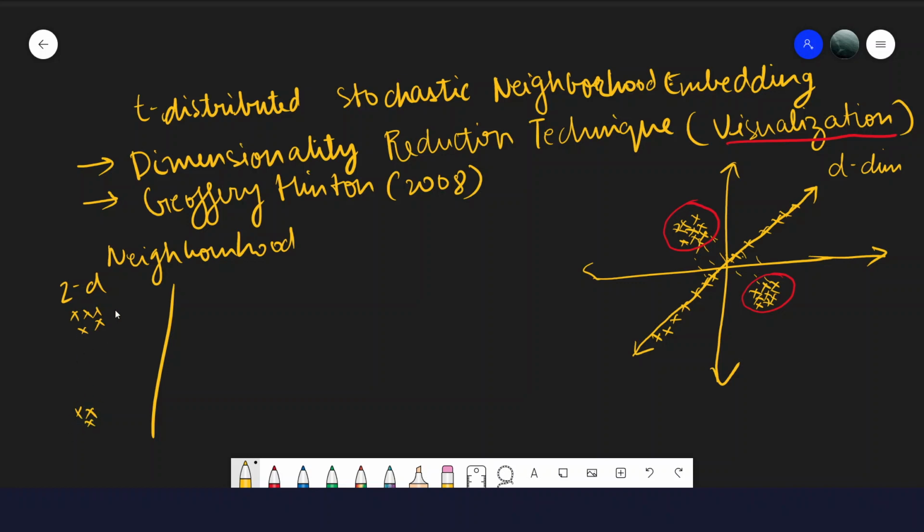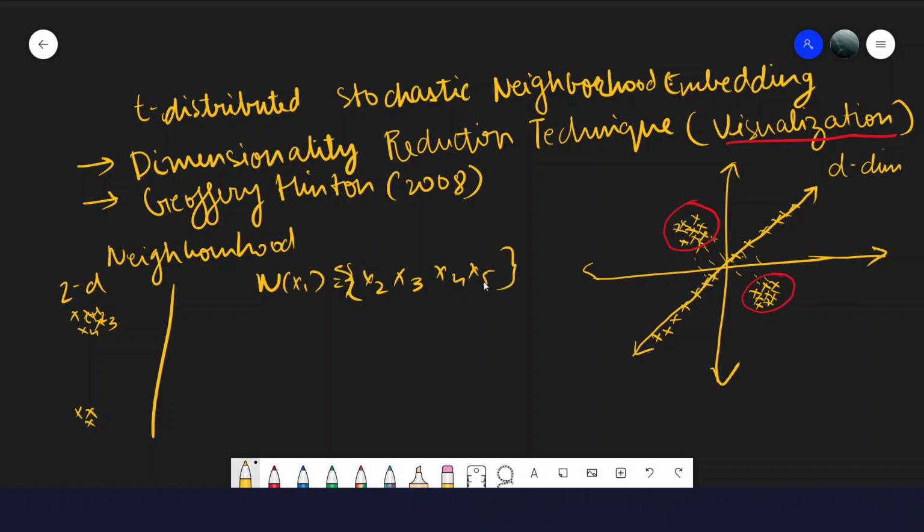A neighborhood is basically points. Let's call this point x1 and this x2. The neighborhood of x1 would be x2, x3, x4, x5.